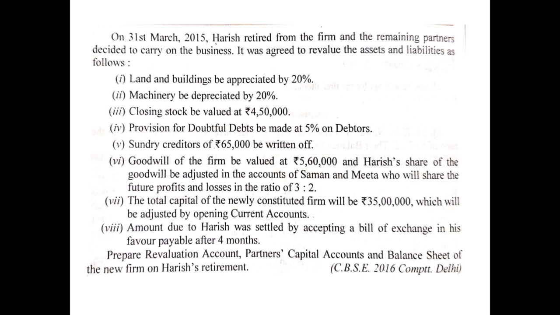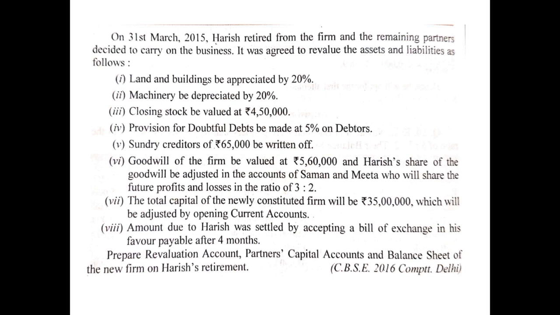Since the new ratio is given to you and the old ratio is also given to you, the new ratio is 3:2, so you can very well calculate the gaining ratio applying the formula new ratio minus old ratio. Then the total capital of the newly constituted firm will be 35 lakhs, which will be adjusted by opening current account.